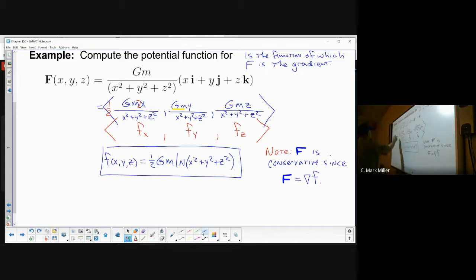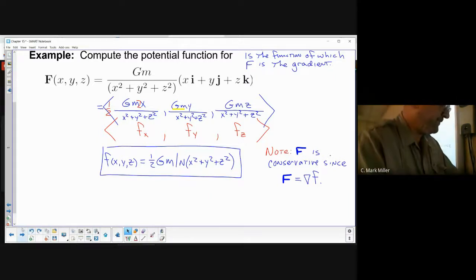So this vector field here is conservative because we just showed it was the gradient of a differentiable function, little f. All right, we're out of time.